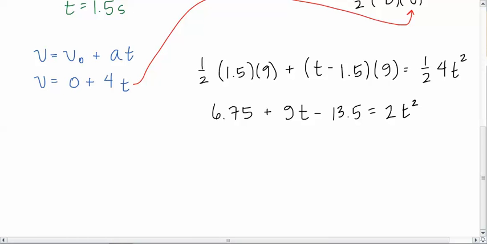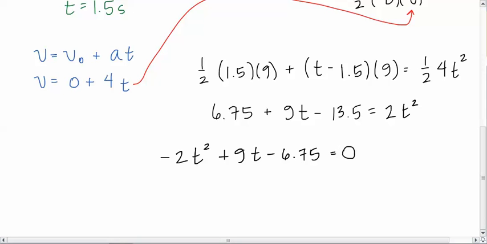Let's see, so negative 2t squared plus 9t minus 6.75 minus 13.5 is negative 6.75. That equals 0.